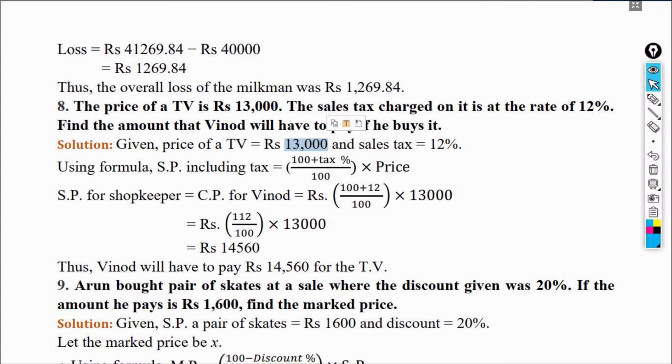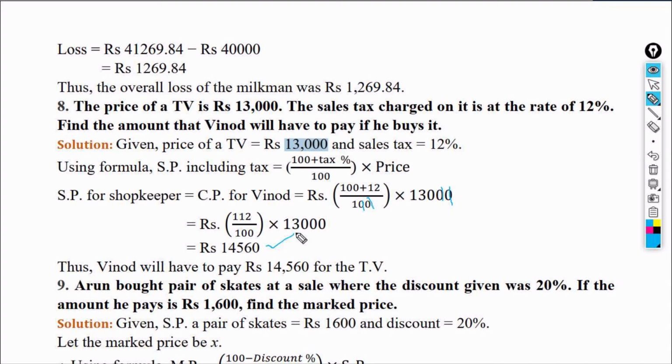Just cancel the two zeros in the denominator and two zeros in the numerator, and it is the product of rupees 112 into 130, and the value is rupees 14,560.